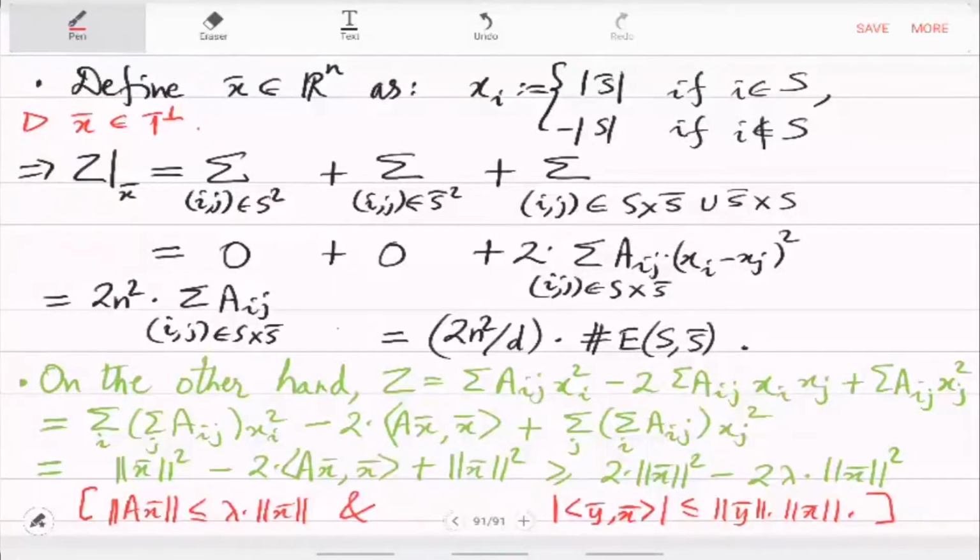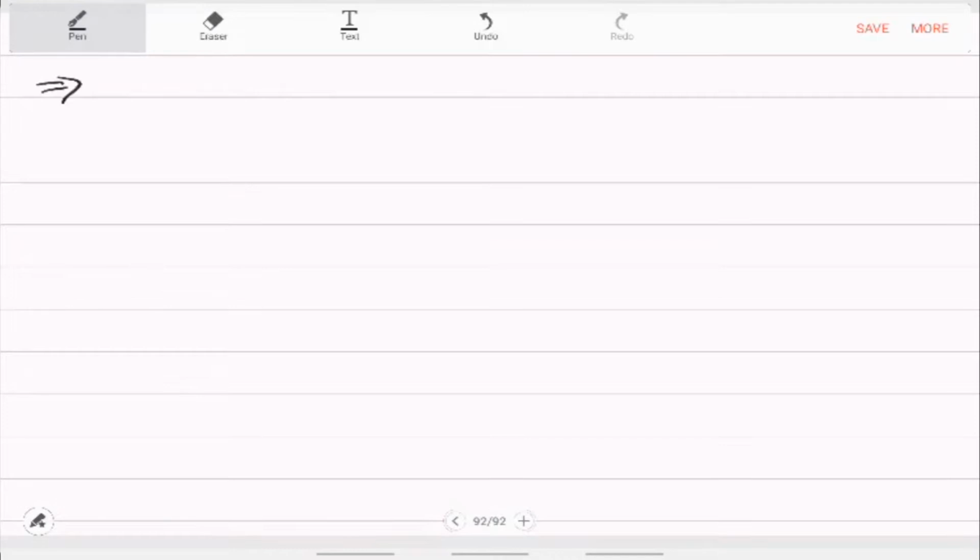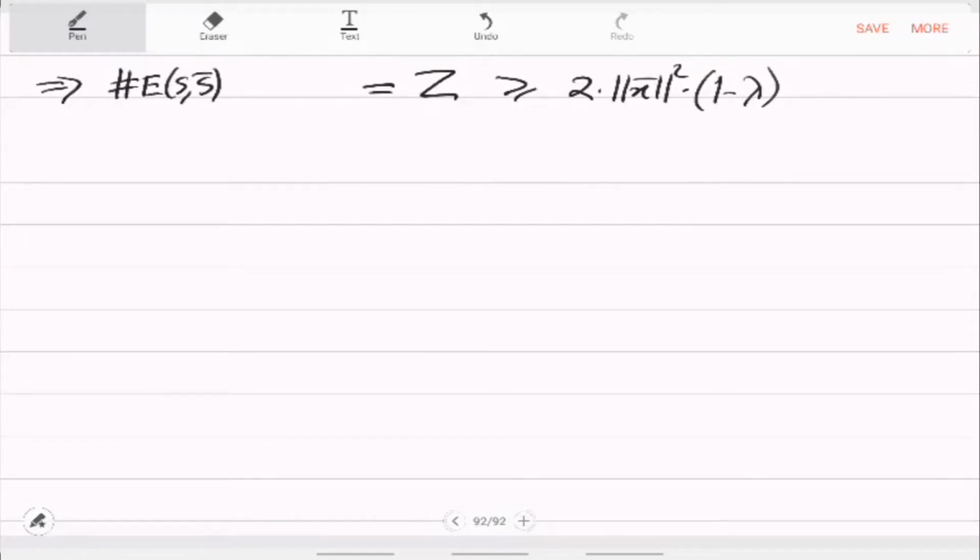So that gives you a nice lower bound on Z. So this means that Z is at least 2 times x bar square times 1 minus lambda, and it is exactly the number of crossing edges. Right. So that gives you a relationship.